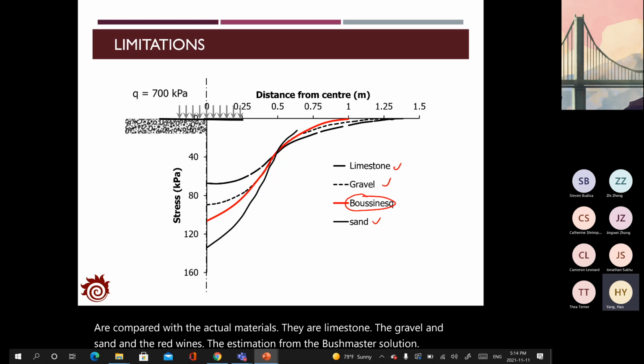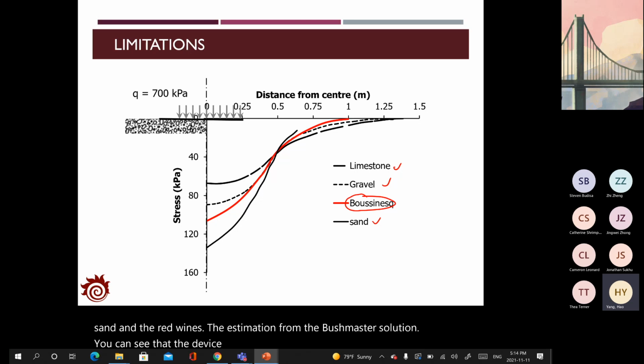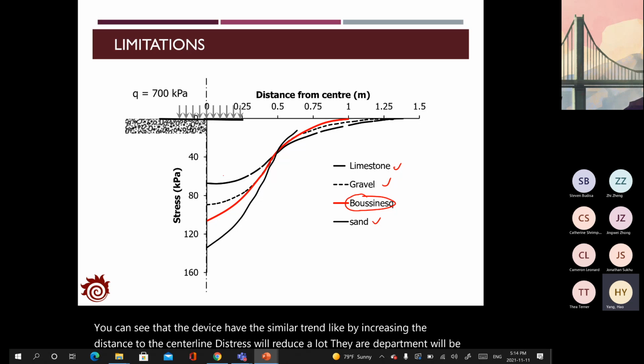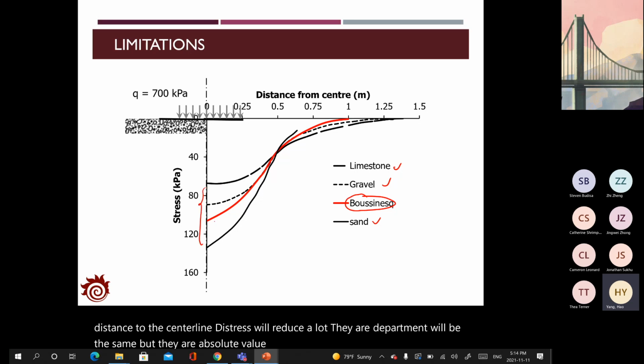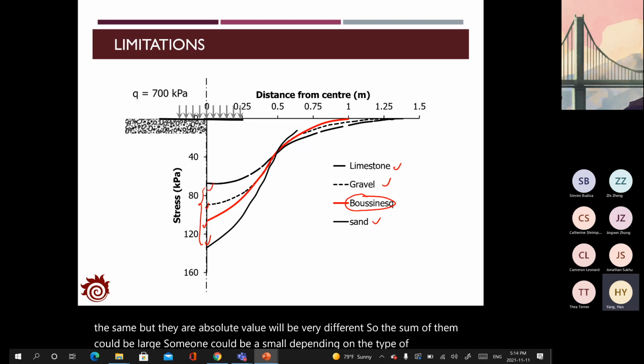You can see that they have a similar trend: by increasing the distance to the center line, the stress will reduce a lot. The pattern will be the same, but the absolute value will be very different. Some of them could be large, some of them could be small, depending on the type of the materials you're going to select.